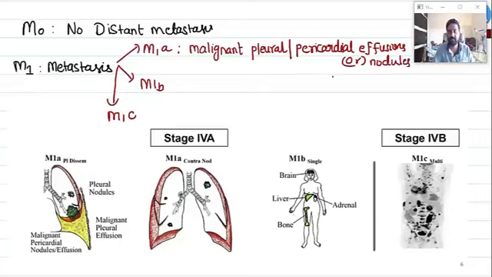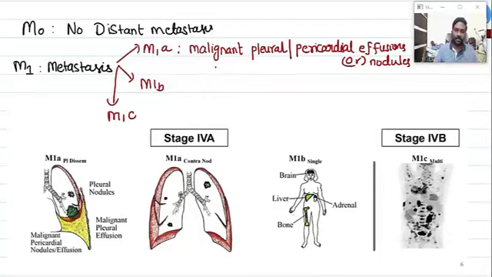So the patient is having a collection of fluid in the pleura or pericardium and you have noticed it is filled with malignant cells. Or there can be nodules on the pleural surface or pericardial surface which were positive for malignancy on biopsy.